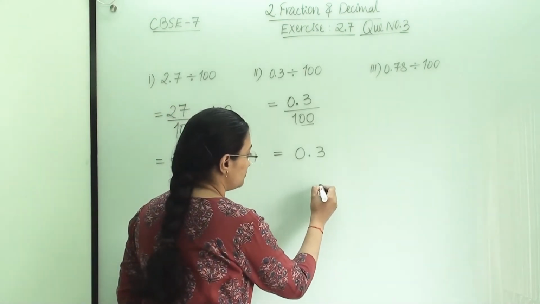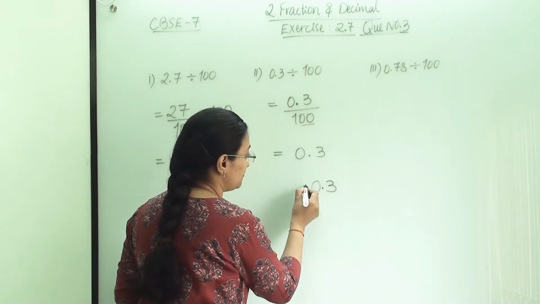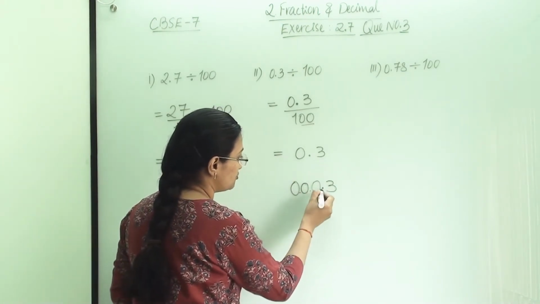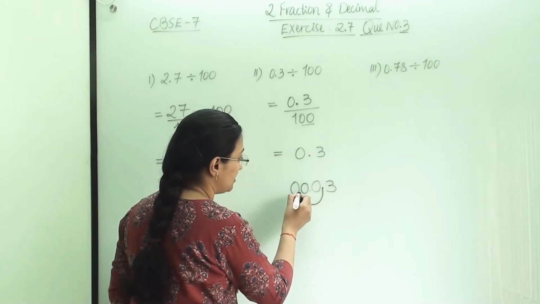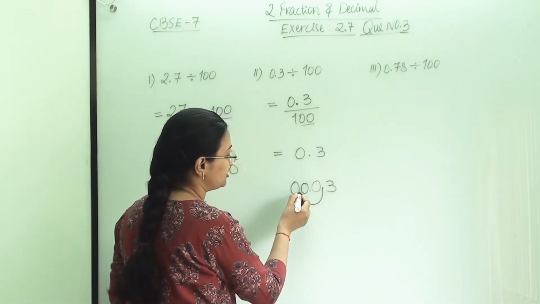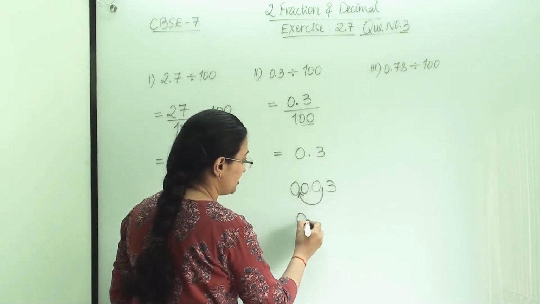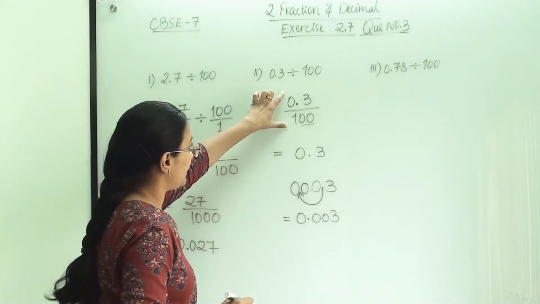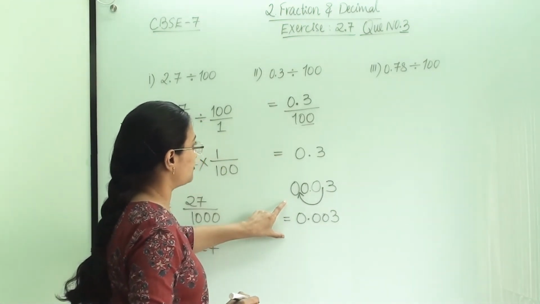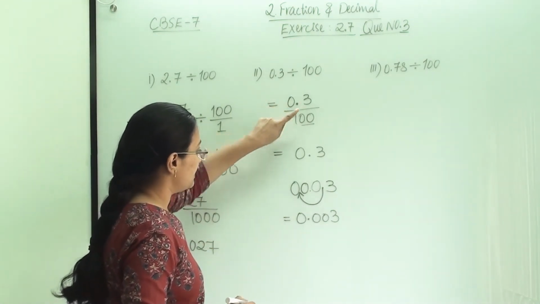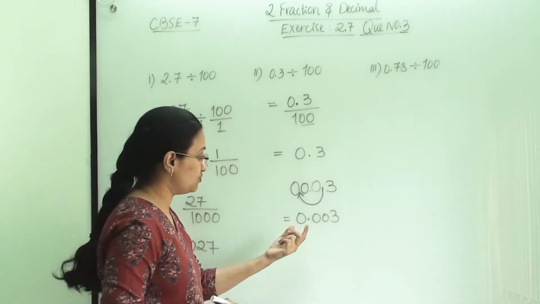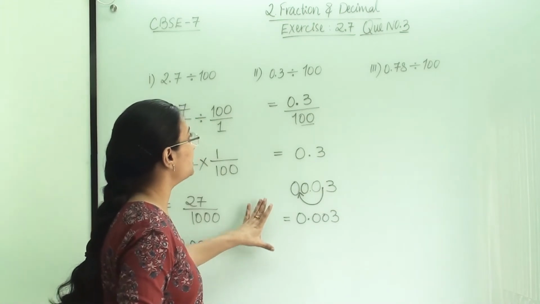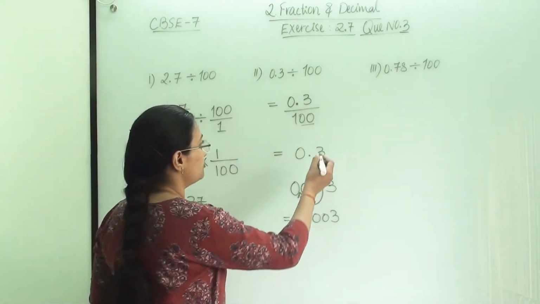So 0.3 is there and we require 2 more numbers, 1 number and 2 number. So this decimal point will shift here, and our answer is going to be 0.003. This we can directly write from this fraction. If this is difficult, then we can follow the earlier method also.